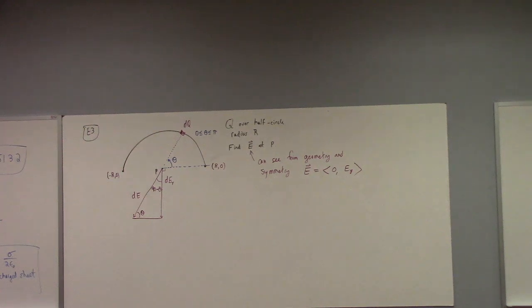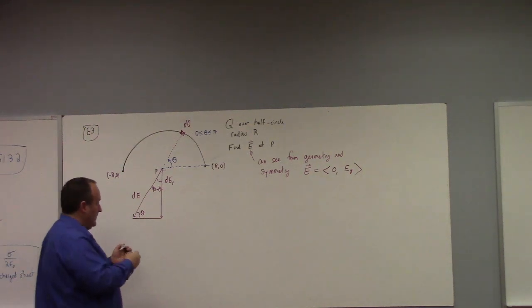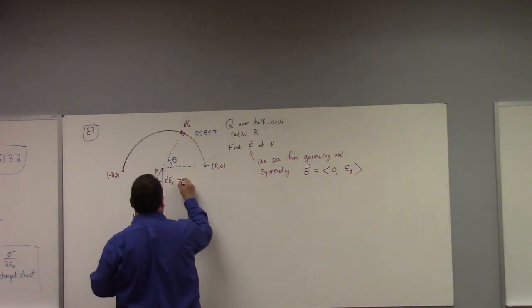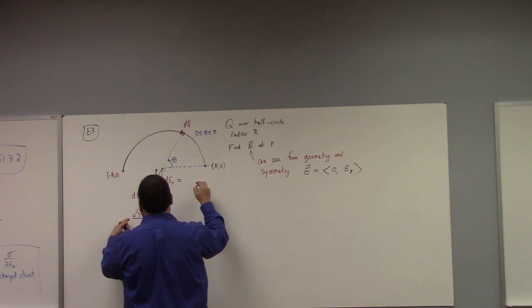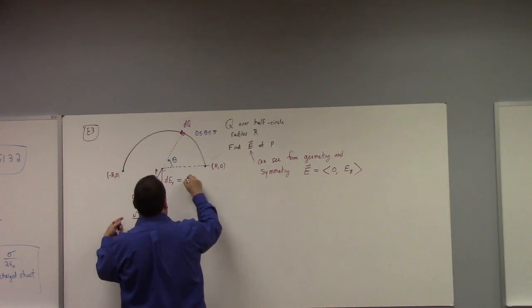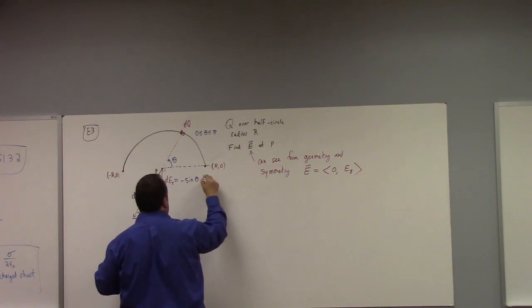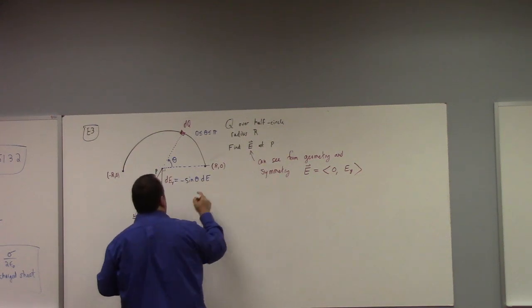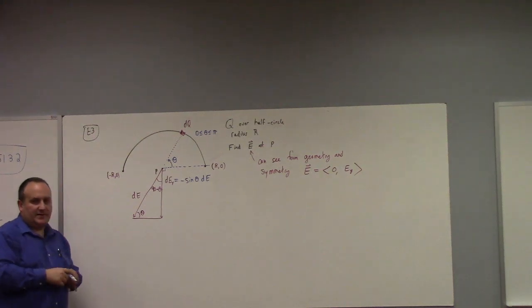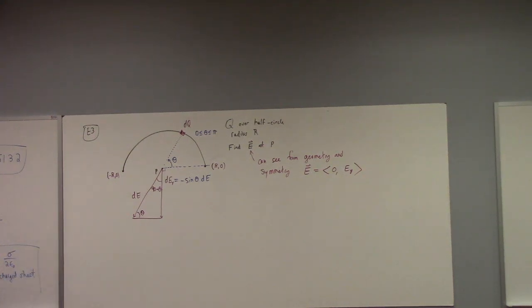So what's the formula for dEy then? Sine theta times dE. But to be fussy, I should say minus sine theta times dE. I'm thinking of dE as a magnitude, and since it's pointing downward, I'm going to put the minus there.